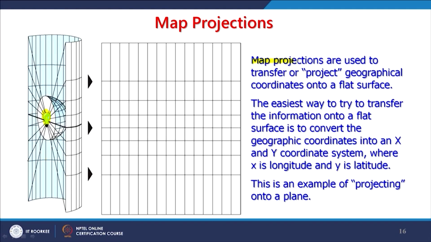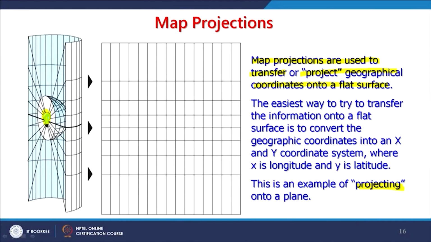Map projections are used to transfer geographical coordinates onto a flat surface, and the easiest way to do this is to convert geographic coordinates into an XY coordinate system, and this is what we do.